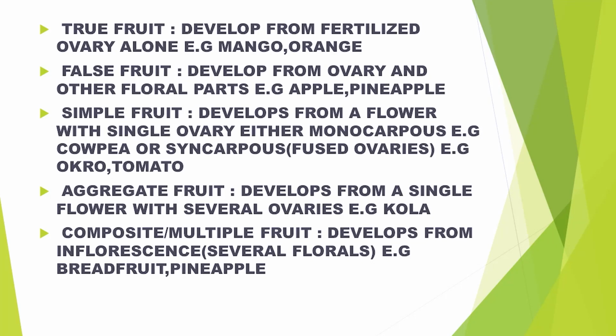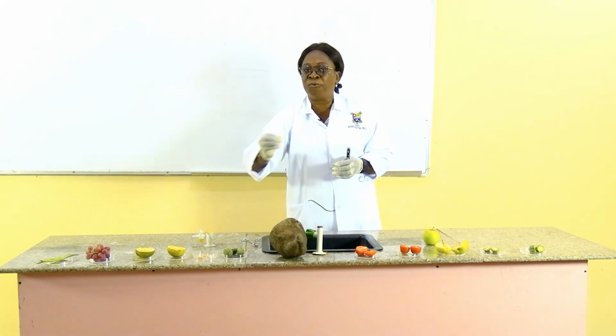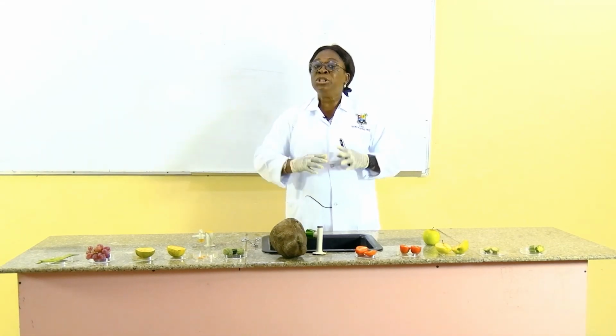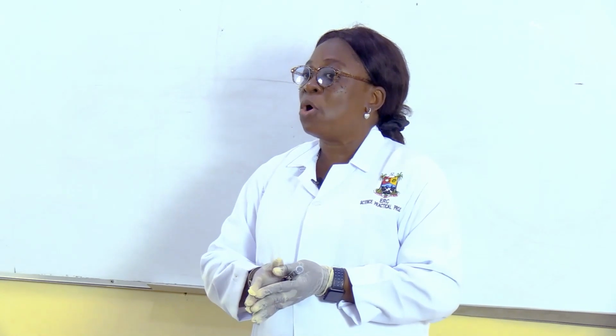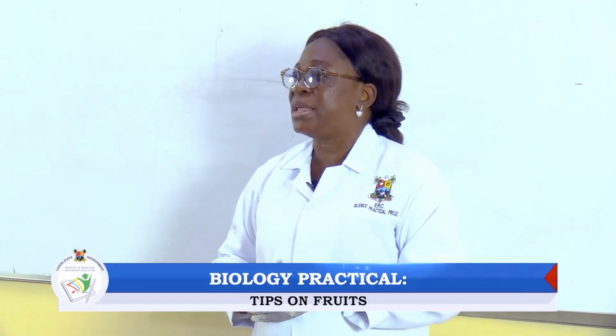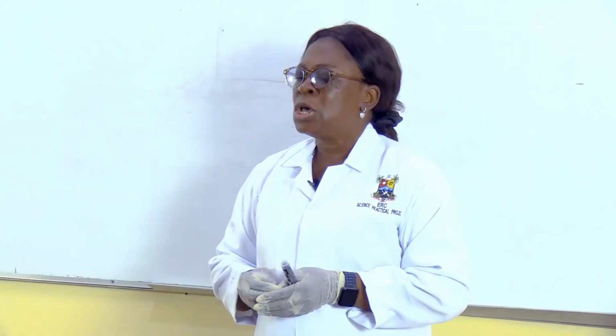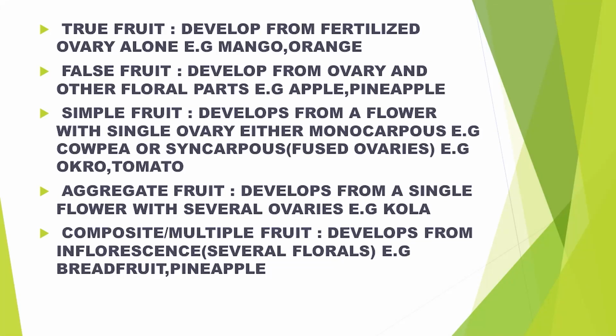And as soon as it gets into the ovary, it will fertilize the ovules. Now, the wall of the ovary is what becomes the fruit, while the ovules that are fertilized by the pollen grain develop into the seed. So a true fruit is the fruit that develops from a fertilized ovary.